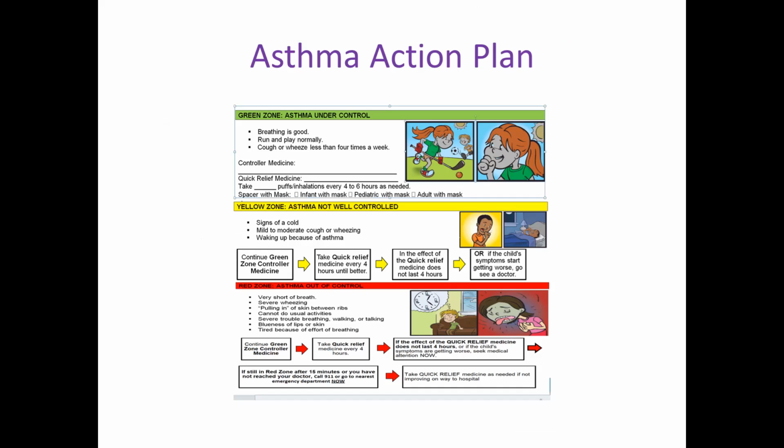So we also implemented on this chart that whenever a patient is discharged from the emergency department, they are given a specific asthma plan, filled out by physicians, that clearly delineates how many puffs and what to do based on their asthma symptom exacerbation.